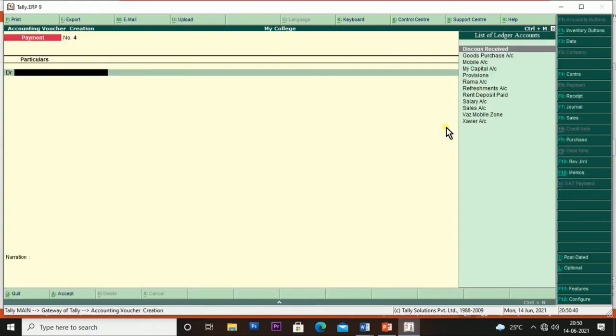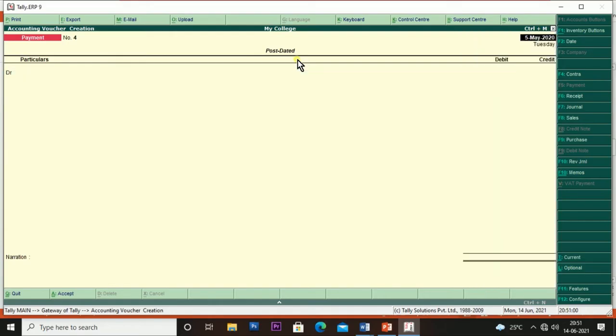Next is post-dated vouchers. How we can enter the post-dated vouchers? Here you can see there is Control T, post-dated, and when you click on post-dated, it shows the post-dated button here. The meaning is the current voucher is changed as post-dated.